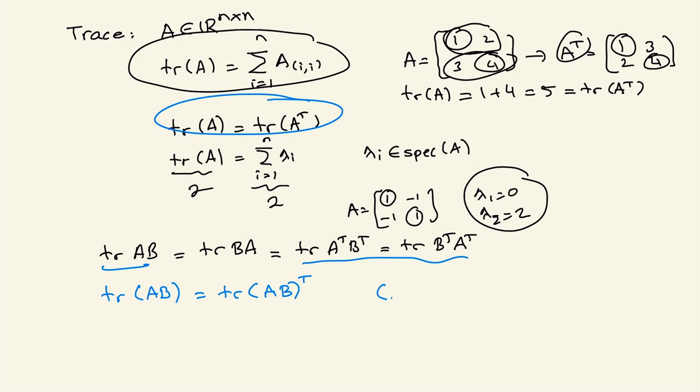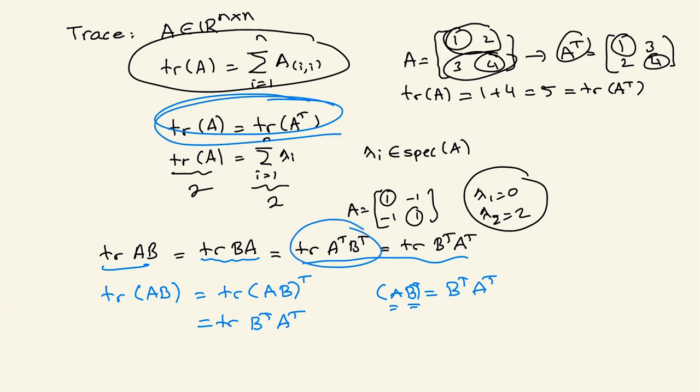And remember, (AB) transpose is nothing but B transpose A transpose. This comes first, then this comes second. So we have trace of B transpose A transpose. Likewise, if we apply this to here, you are going to get this part of the story.